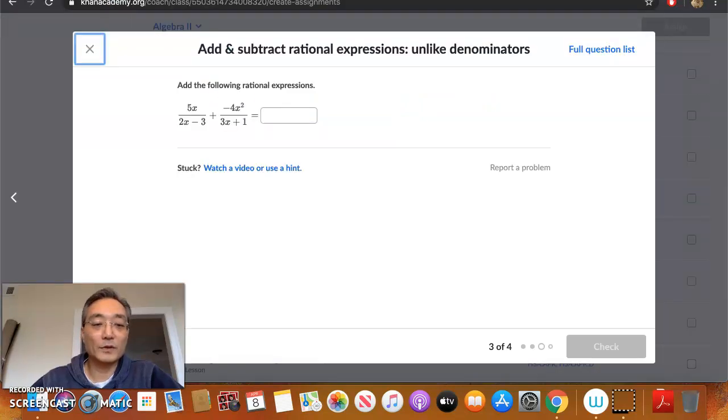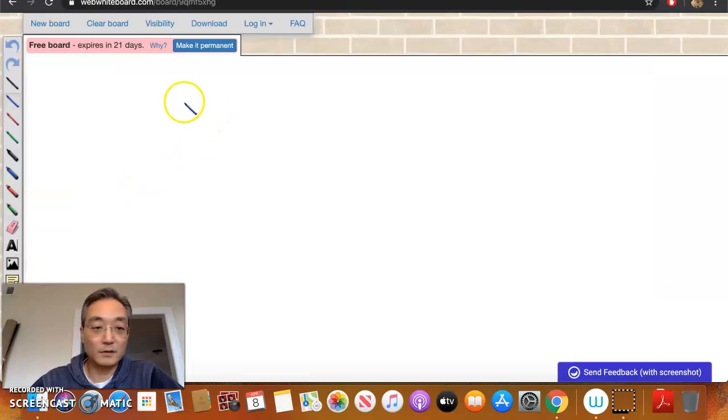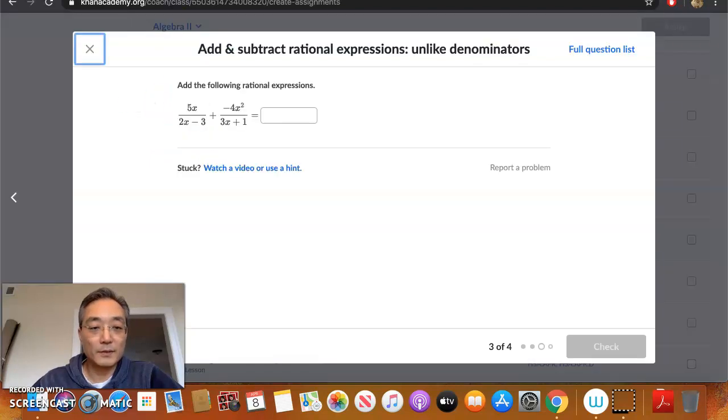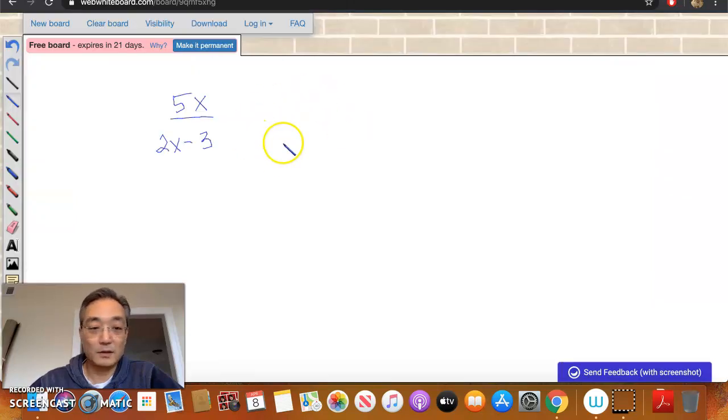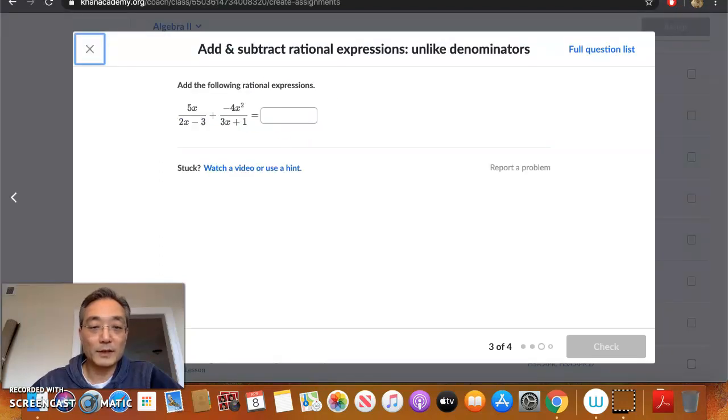So 5x over 2x minus 3, and then we're going to have plus negative 4x squared over 3x plus 1.